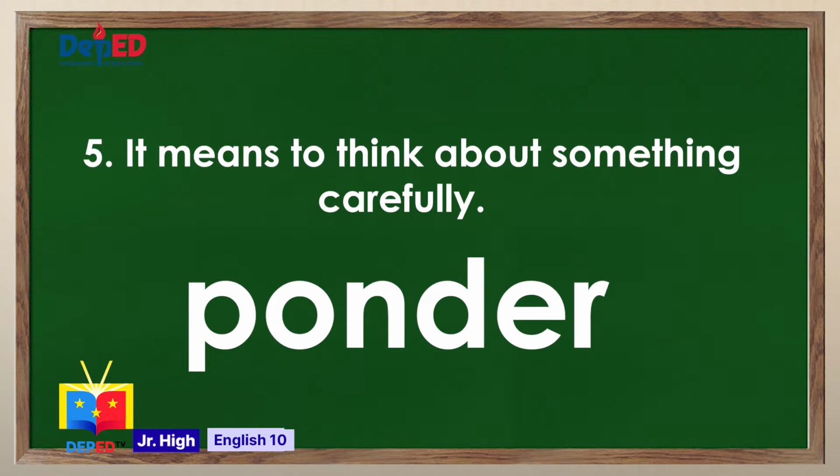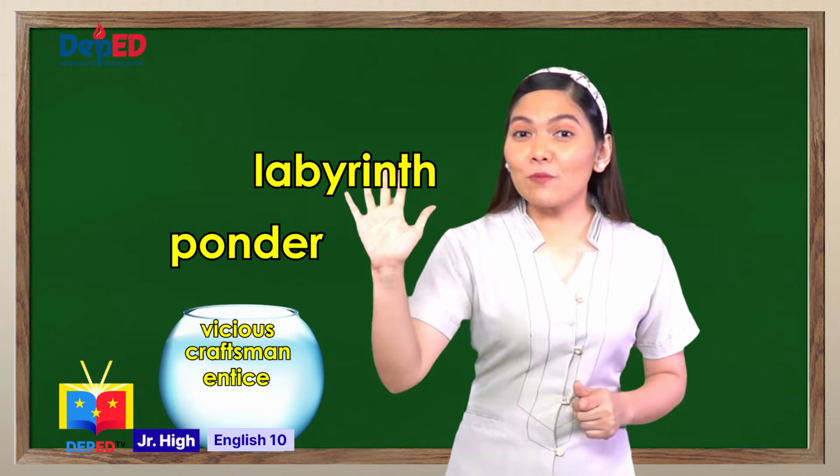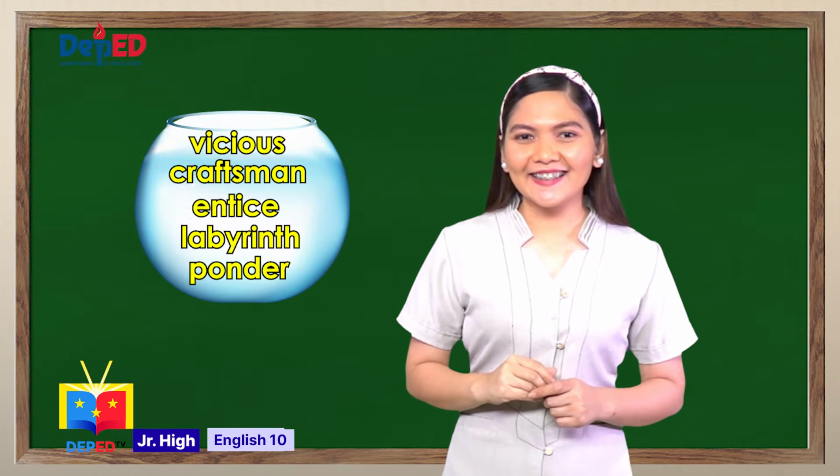Again, number 5 is ponder. Good job, grade 10! Congratulations! 5 words are added to your word bank today. And with that, I'm sure that you can understand the story easily.